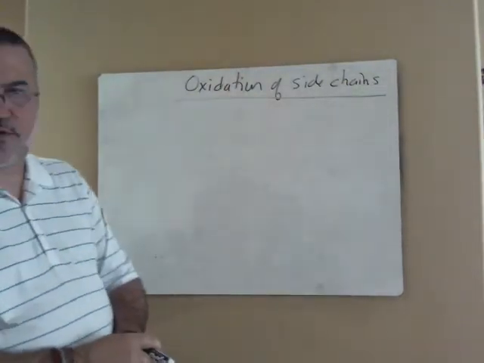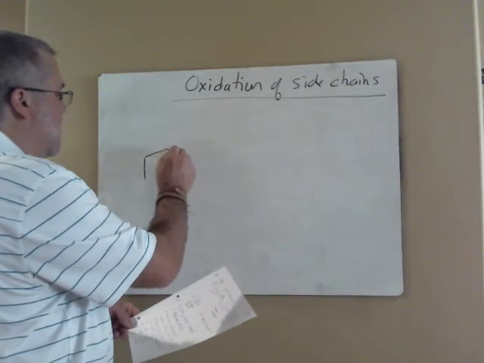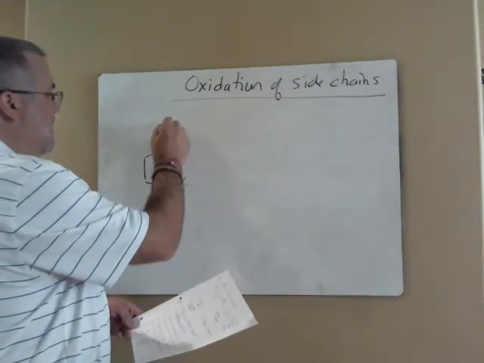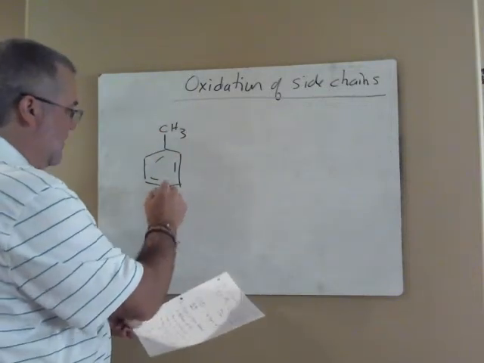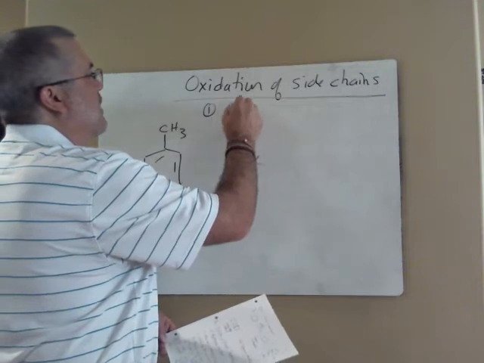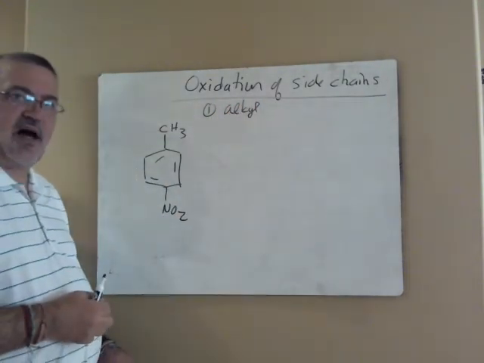Is the first thing we want to talk about. And that's a situation that you might want to put under synthetic utility, because we're going to talk about what happens if I have, in this case, alkyl substituents. They can be oxidized.